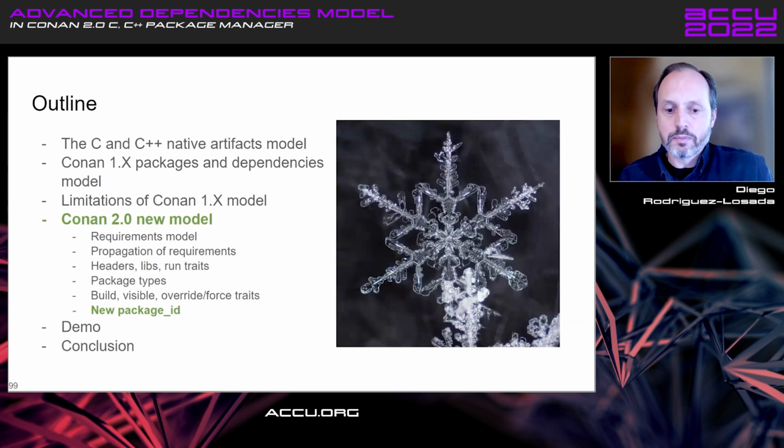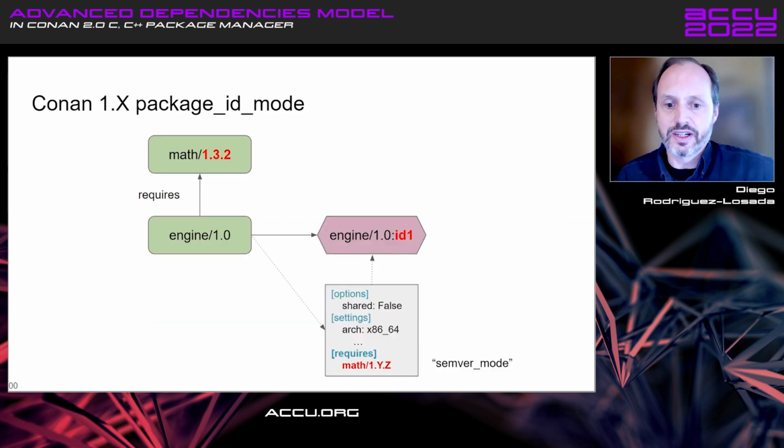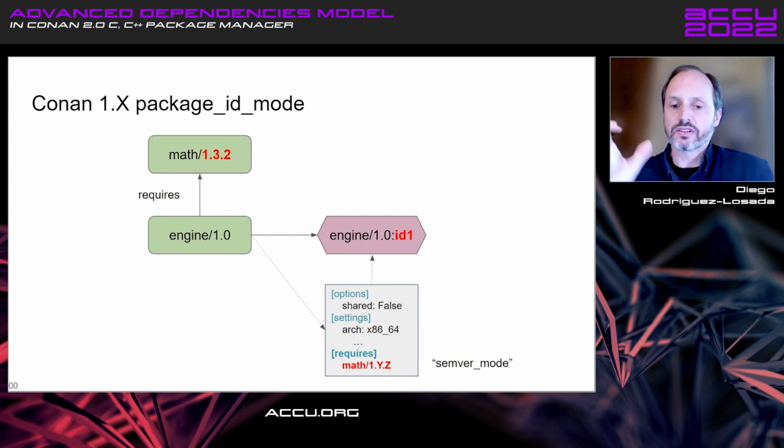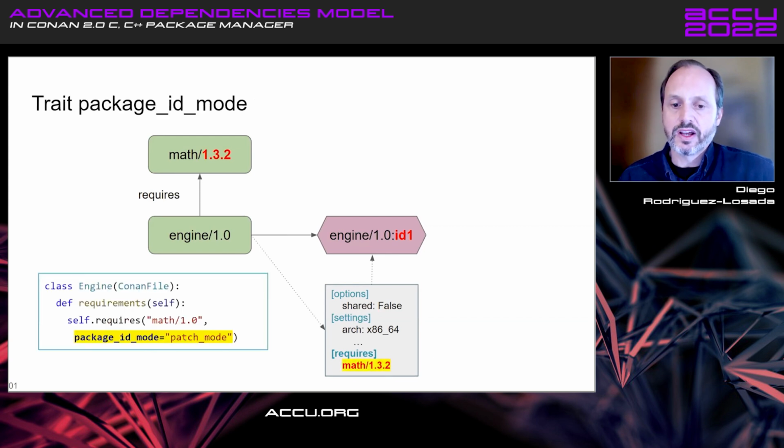And finally, the new package ID. This is the feature that is going to save a ton of CO2 emissions out there. I really hope so. So we saw that the Conan 1 package ID mode is getting the semver representation: engine depends on math 1.3.2, and this is mapping as math 1.Y.Z.